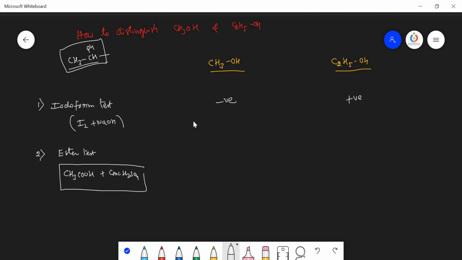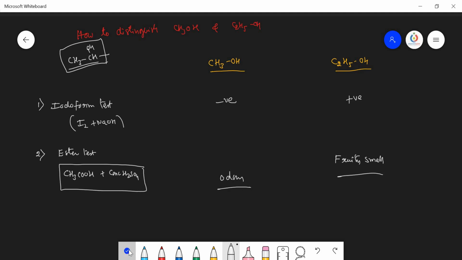You add this combination to both the methyl alcohol as well as the ethyl alcohol. If a fruity smell comes, then it is ethyl alcohol. If a normal, other than fruity, characteristic odor comes, then that is the methyl alcohol test.